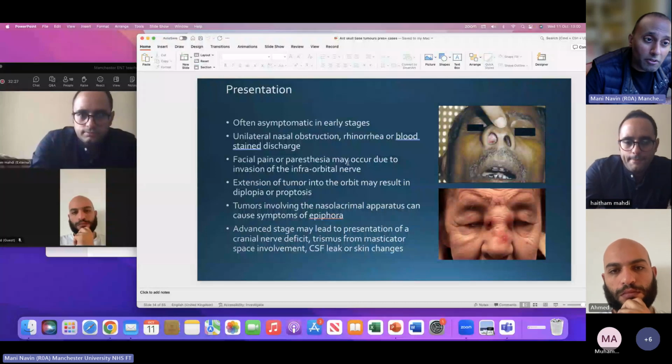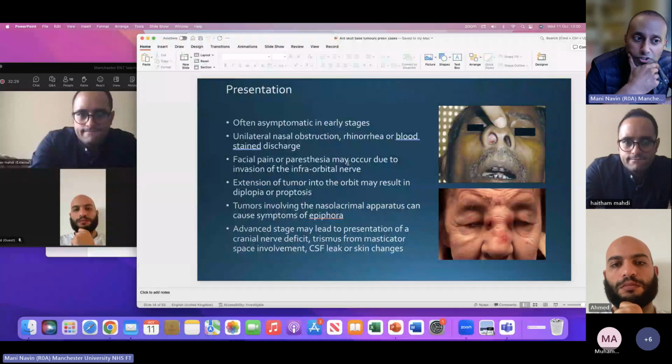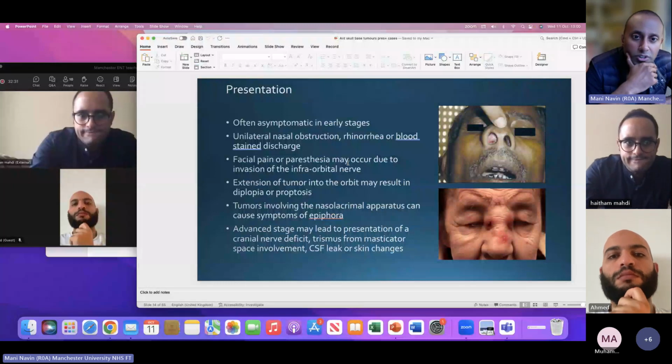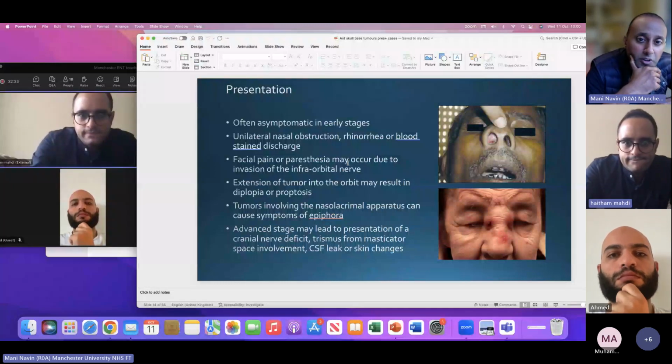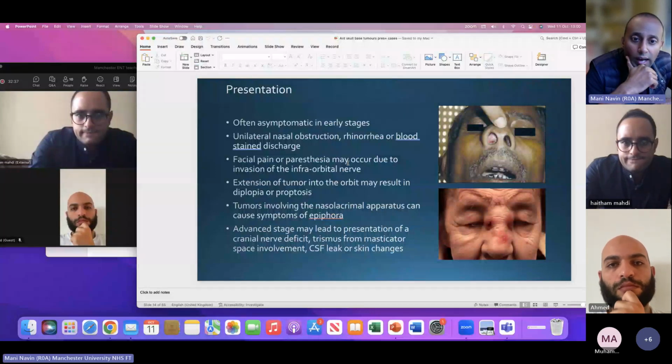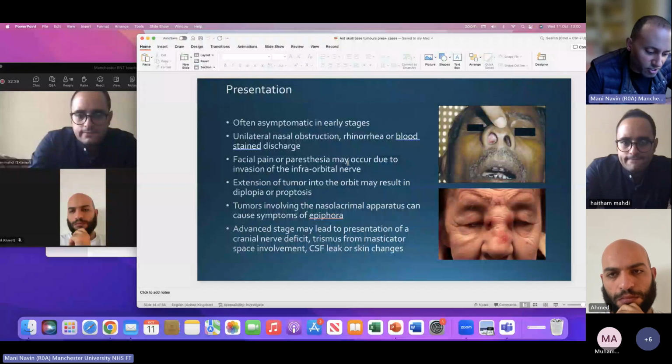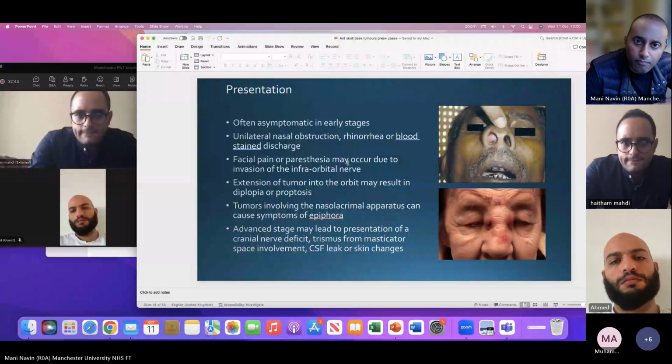Facial pain or paraesthesia of the cheek, which is demonstrating V2 involvement. Displacement of the globe, proptosis. Epiphora, or in more advanced stages, other changes involving the skull base.